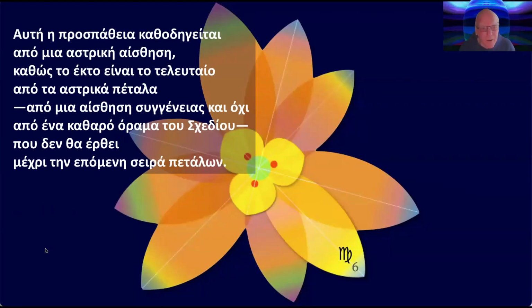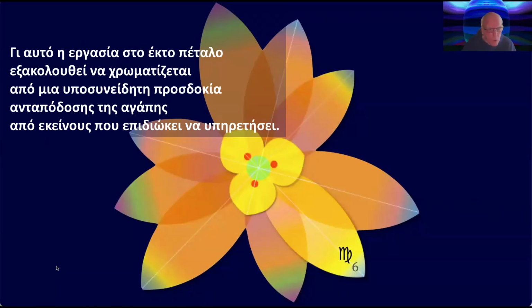This effort is guided by feeling, by the still astral plane, last petal on the astral tier of petals, and by a sense of affinity rather than by clear-headed vision of the plan. That won't come until the next tier of petals.